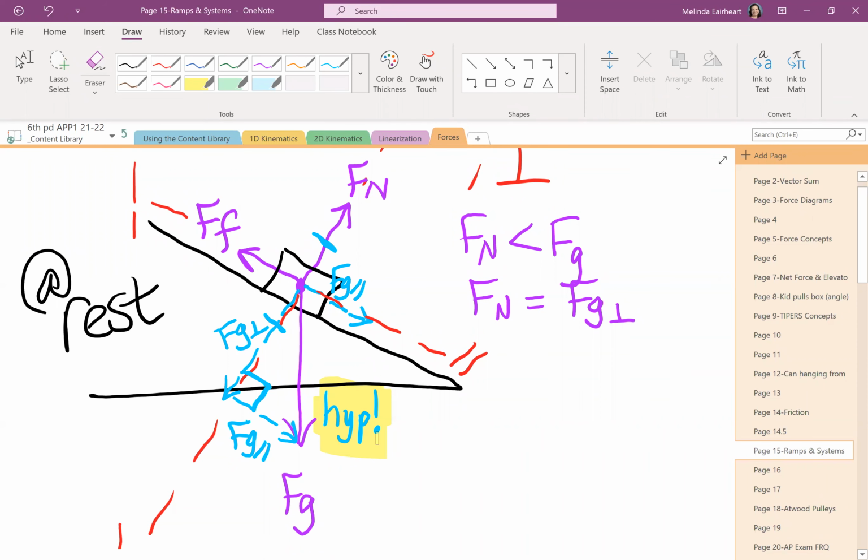Okay. Now, for us to get an expression for this, how to solve for normal force, how to solve for Fg perpendicular, I need to know where that ramp angle is. And so maybe in the problem, they give you theta on the actual physical ramp.